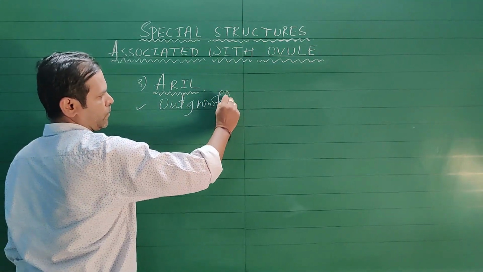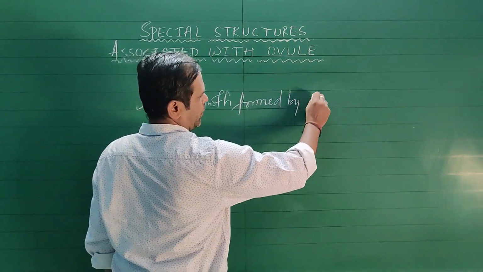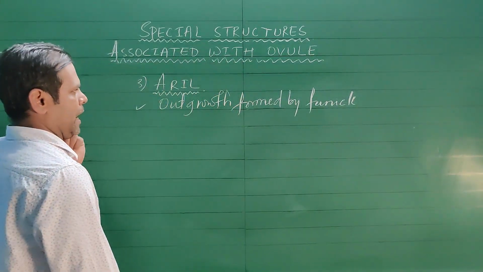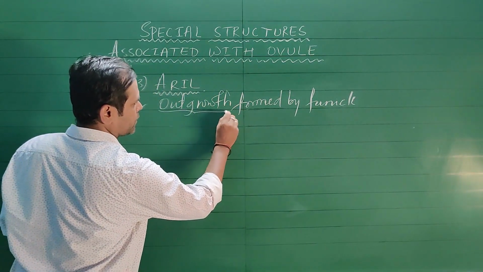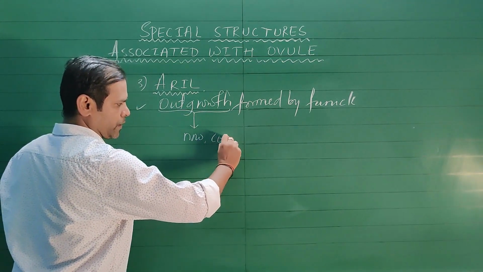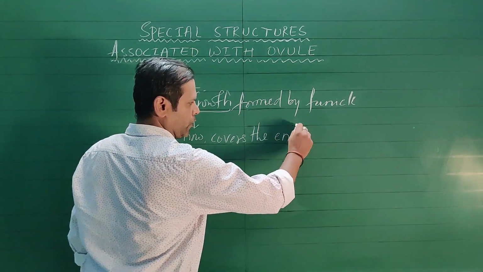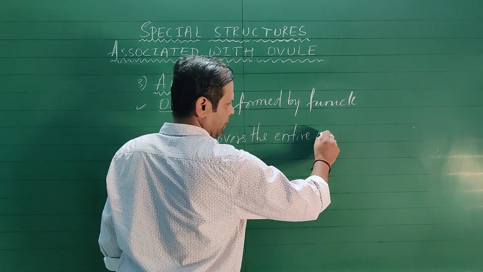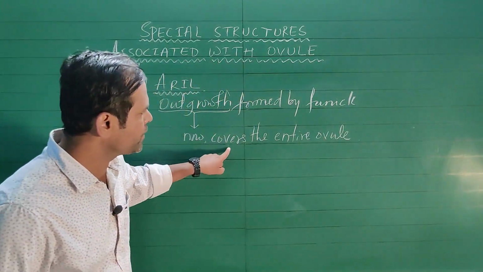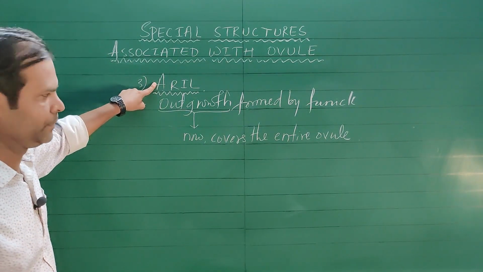And these outgrowths cover the entire ovule. So the outgrowth which covers the entire ovule is called aril.